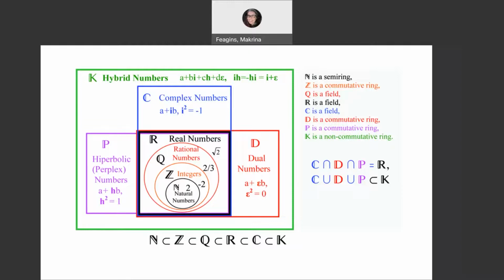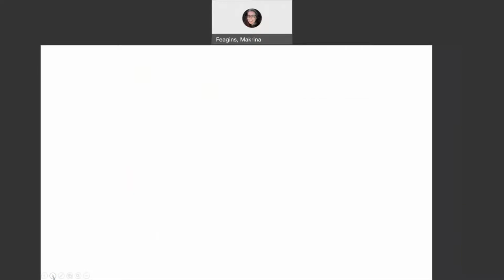And there's one here that we didn't talk too much about, but the K stands for hybrid numbers, and I will not talk about those. But you also have some in this visual here from Commons.Wikimedia. They have the dual numbers and they have the hyperbolic perplex numbers. And if you are going to be going into pure math or the data science field, you might have to work with those, but I'll let you figure those out.